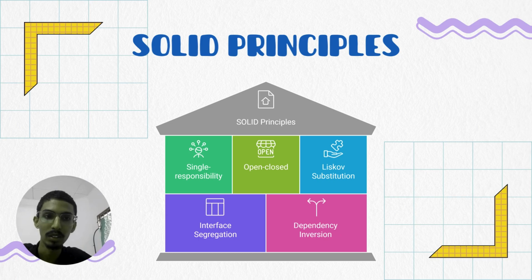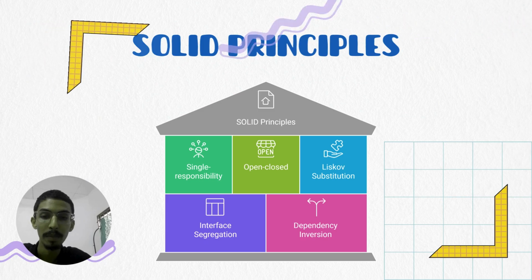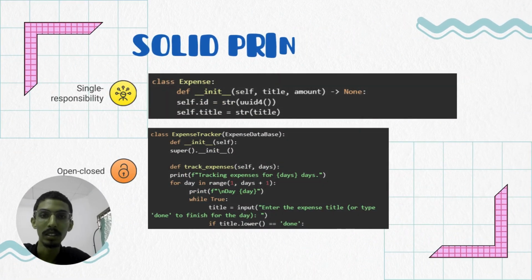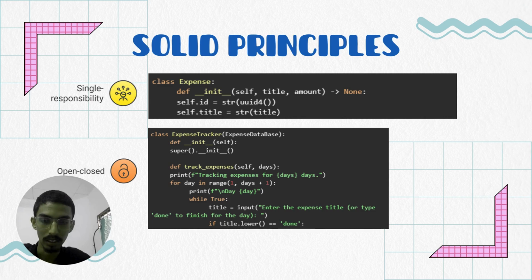We will dive into the use case of the SOLID principles in the application. The first one is S, single responsibility. From the expense tracking application, we can look at both the Expense class and the ExpenseTracker class.